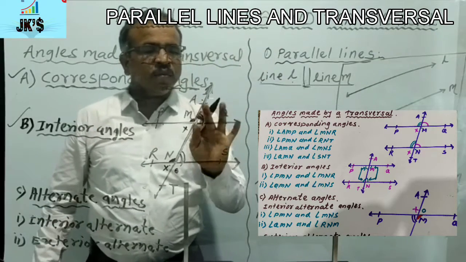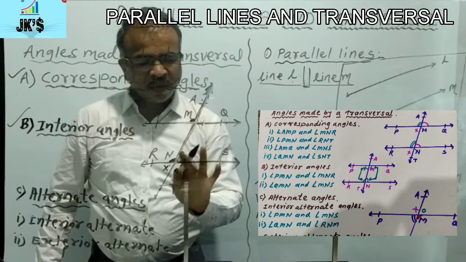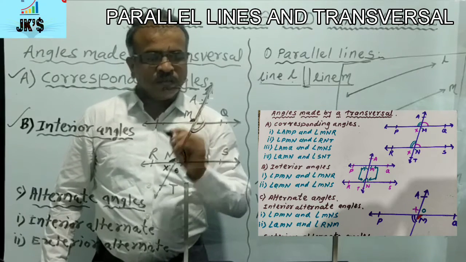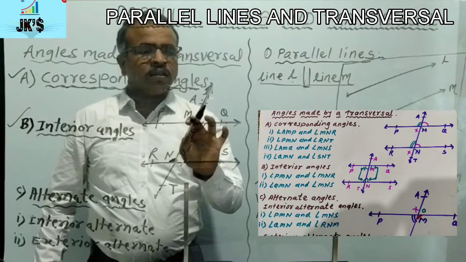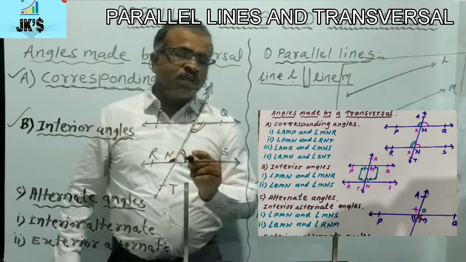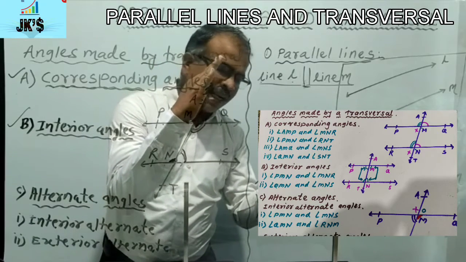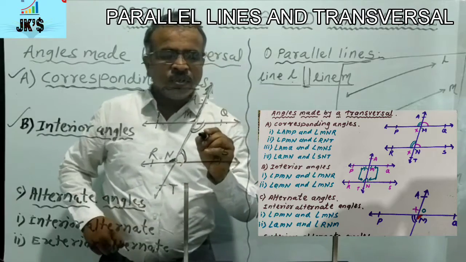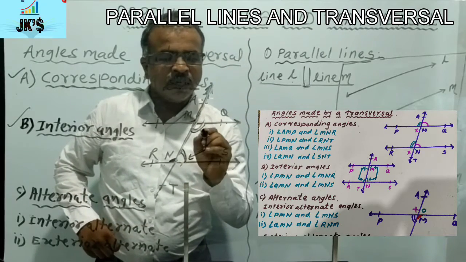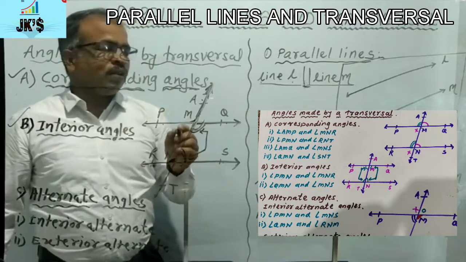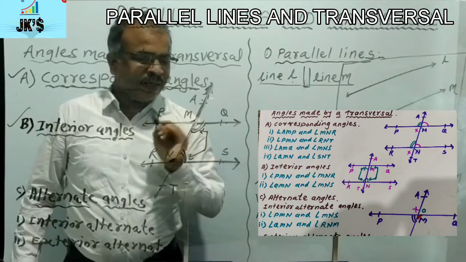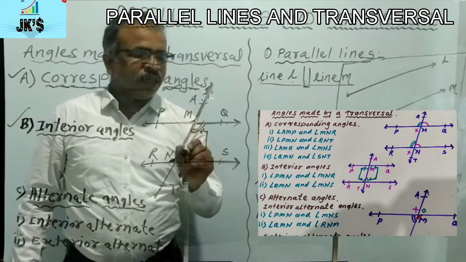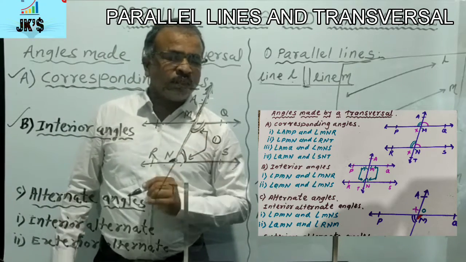Means, this angle and this angle are the 2 angles which lie on the same side of the transversal and inside the 2 lines. So this is a pair of interior angles. Which are those? Angle QMN and angle SNM are the interior angles, and this is the first pair.